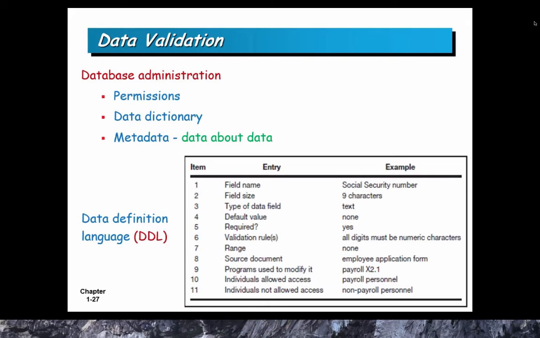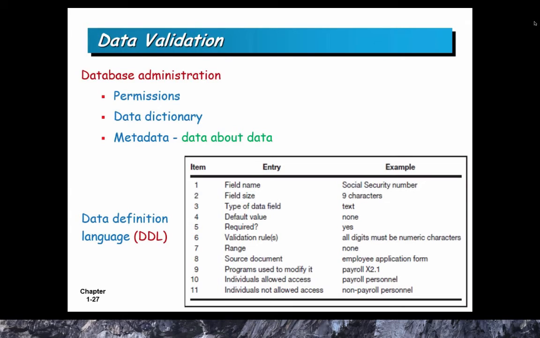But let's just say you have a field or an attribute called Social Security number. That's your attribute. There's information about the Social Security number. It's 9 characters long, which means we're not including the dashes. The dashes are implied. But in the database, we're going to store it as a 9-character numeric field.